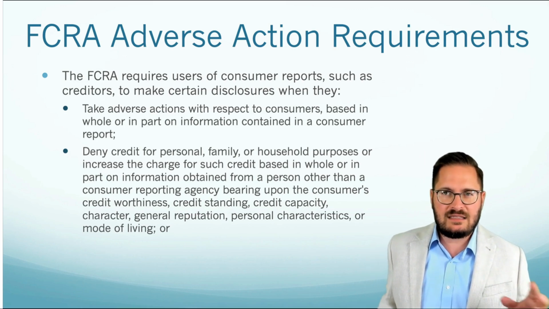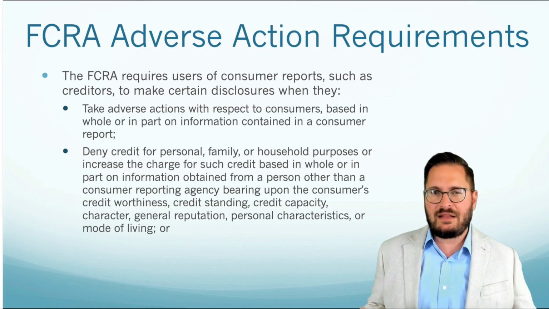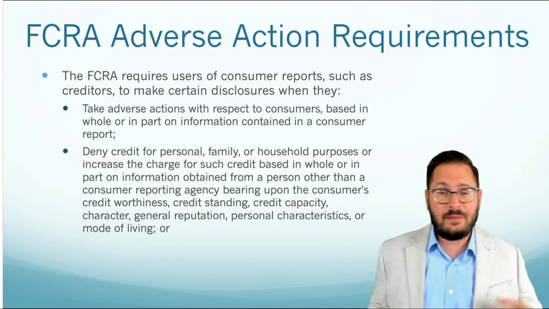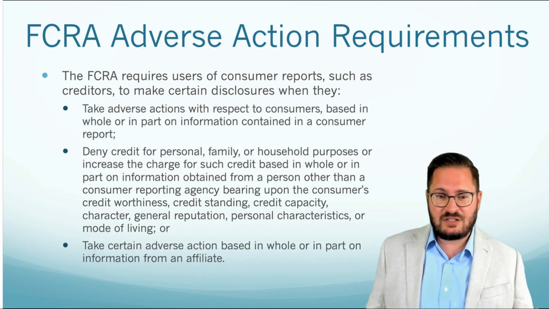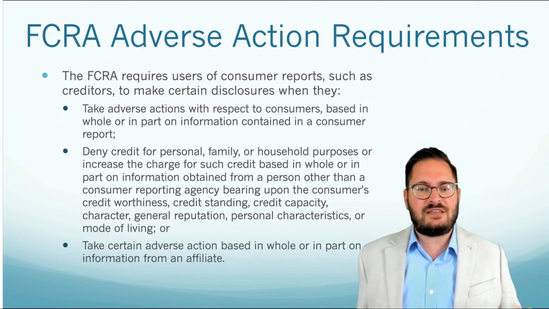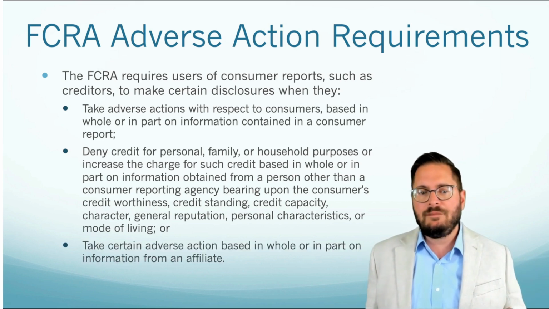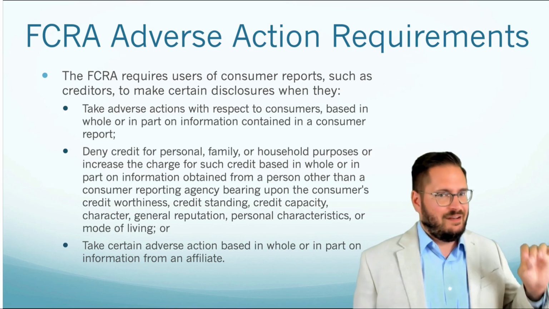So it's things that would often be found in a consumer report, but it's not from a consumer report, it's from another source. And then finally, the final reason you would have to give an adverse action notice is if you take certain adverse action based in whole or in part on information you receive from an affiliate.